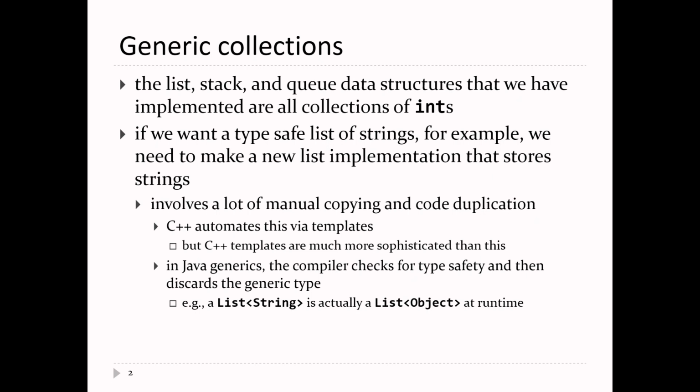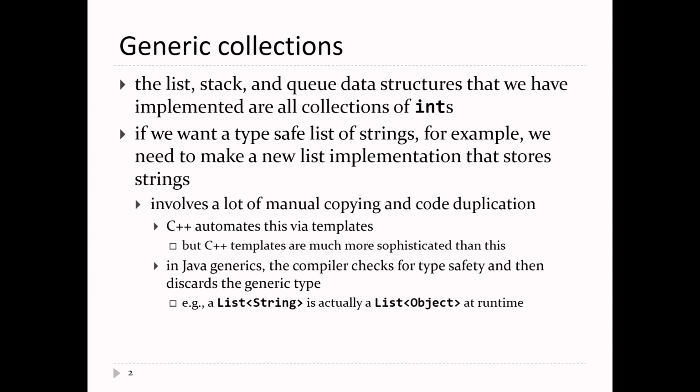So if you have a stack of int, you get a data structure that's a stack of int. If you say you want to use a stack of double, you get a data structure that's a stack of double. The compiler synthesizes that code for you. And the templating mechanism in C++ is actually much more sophisticated than that, but that's sufficient for our purposes right now. You know from Java that Java does have generics.